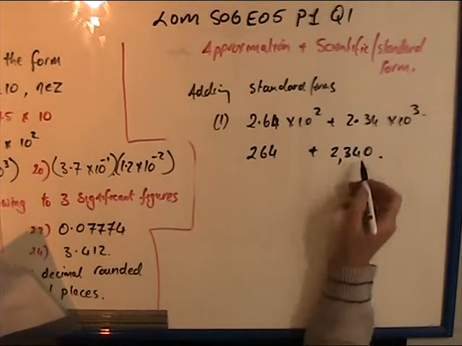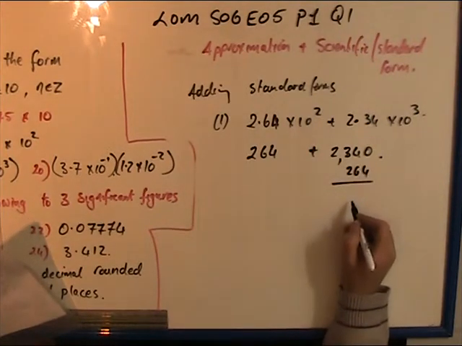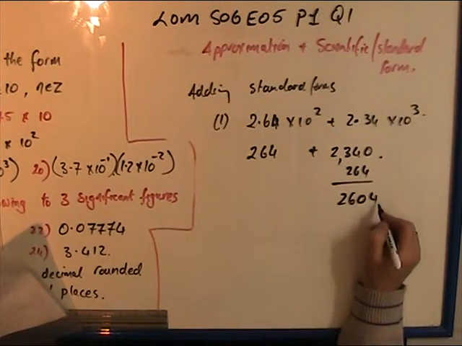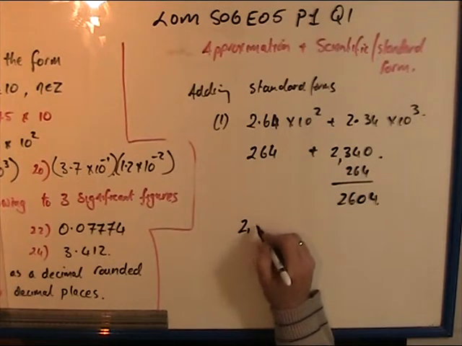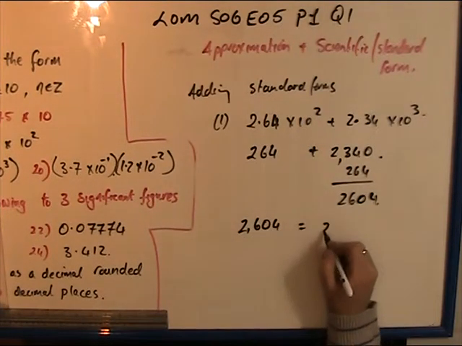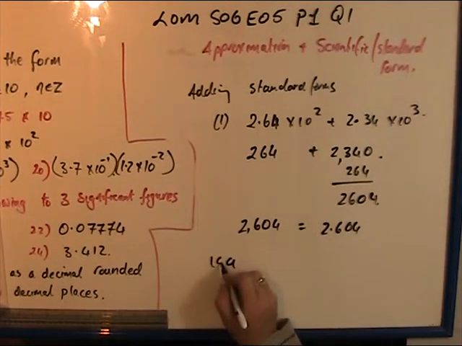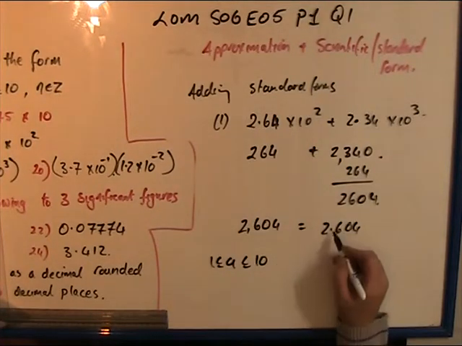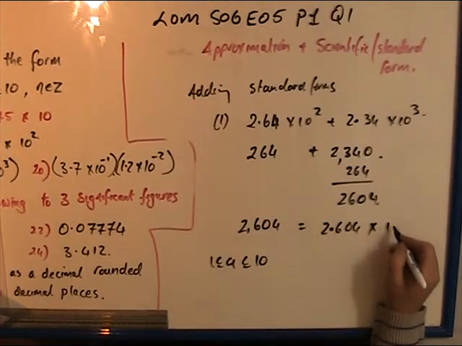Right, so we add them. We put 264 there, and we add them, and we get 2604. Now 2604 is equal to 2.604, because a lies between 1 and 10. So we know that we have to get it between 1 and 10, and it's multiplied by 3 places, which is 10 to the power of 3.